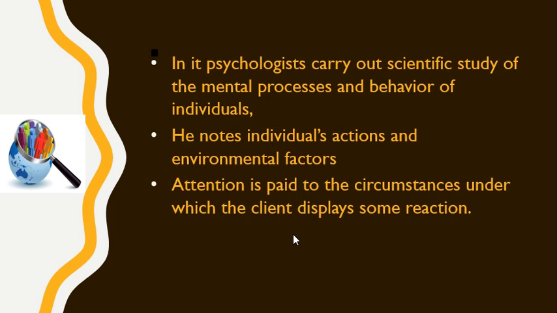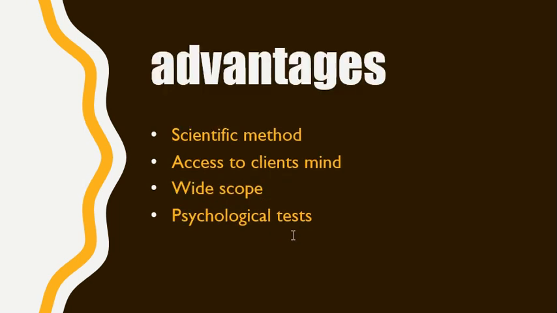Clear? So there are certain advantages of this external observation method as well. Number one, it is a scientific method. How? External observation is a scientific method because it makes it possible to observe others' external behavior objectively. We can objectively analyze his external behavior.